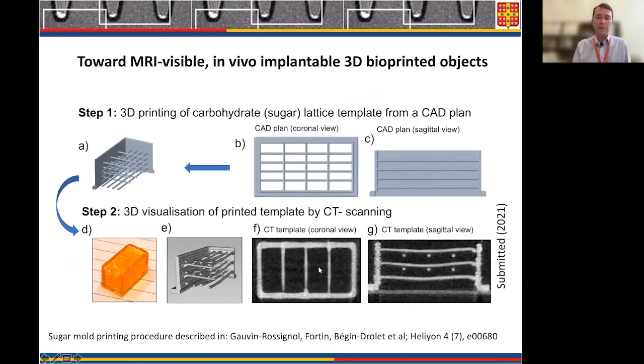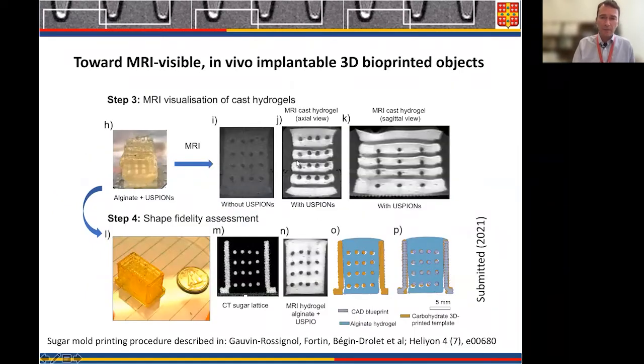This template is an intricate network of gel that contains porosity, and these pores are open for vascularization to grow inside of the implant.